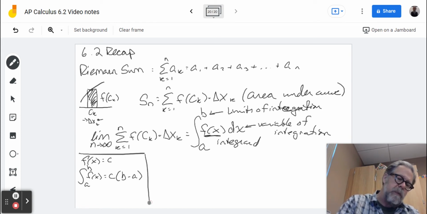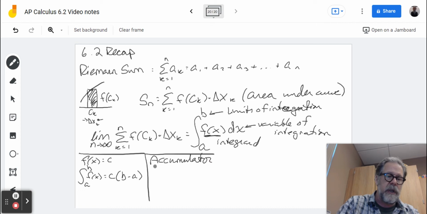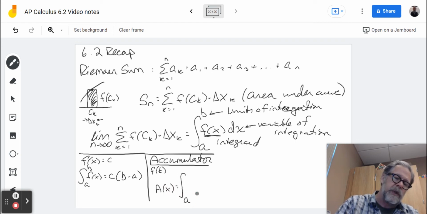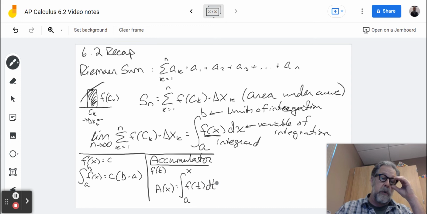We also looked at something called an accumulator function. An accumulator function we use when we're piling stuff up. We're accumulating it. The accumulator function says if we have something piling up at the rate f of t, or by the model f of t, the amount of stuff we have at time x is equal to the integral from when we started at a to time x of the function with respect to time.